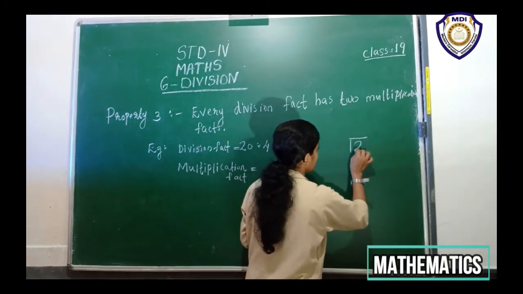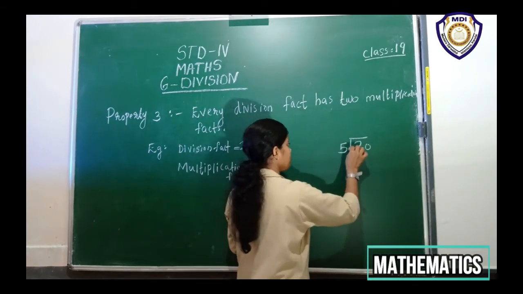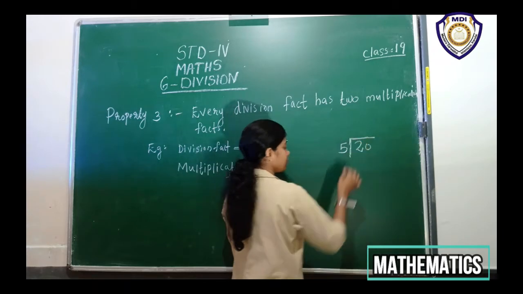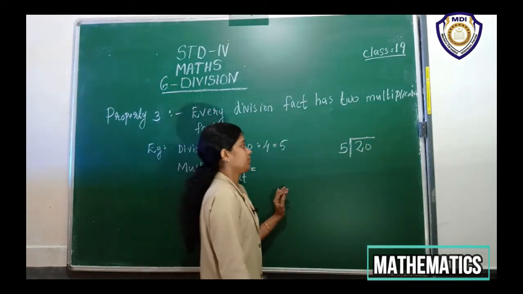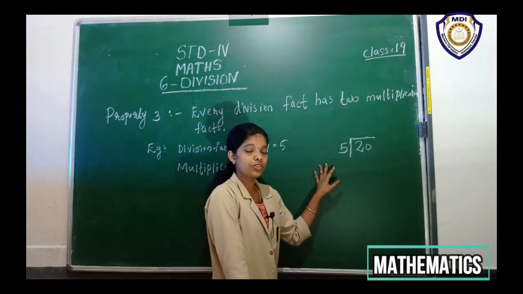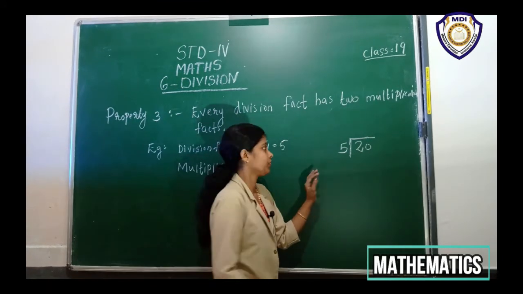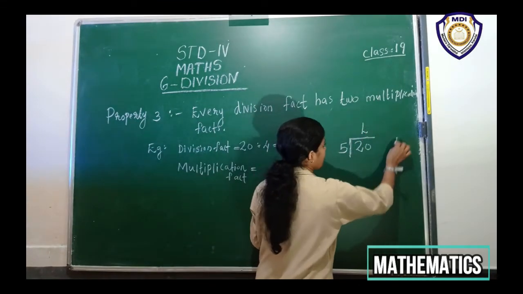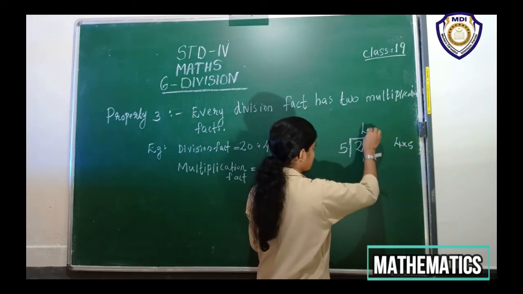20 divided by 5. We are taking the 5 table. 1 5 is 5, 2 5s are 10, 4 5s are 20. 4 is here.